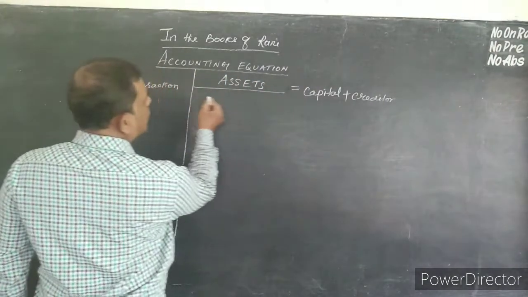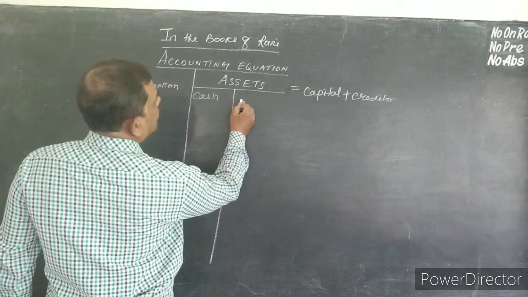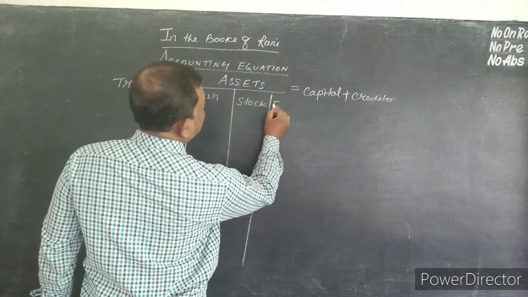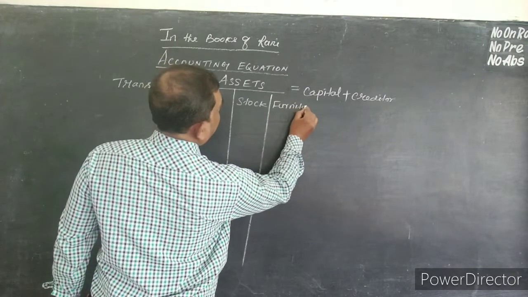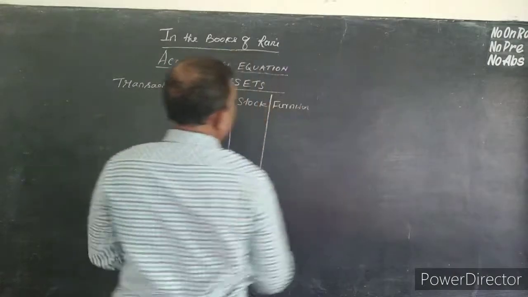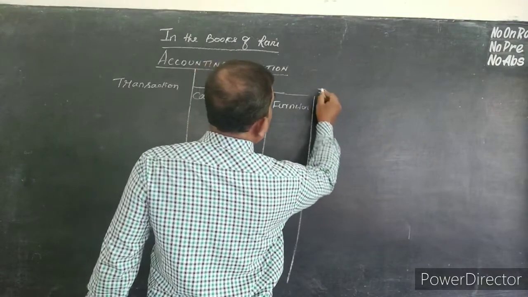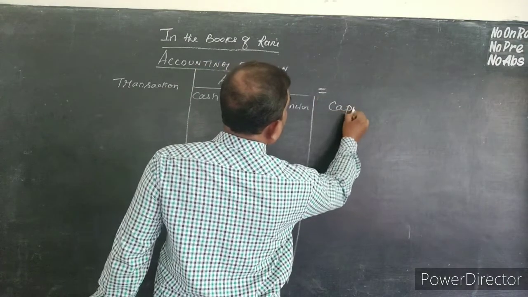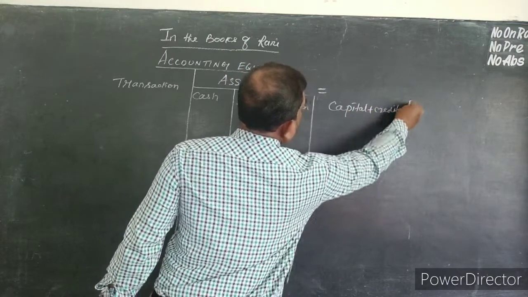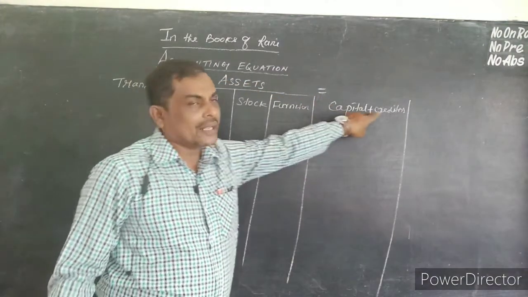So below the assets we mention cash in one column, then stock in another column, and the third one is furniture. Assets is equal to capital plus creditors.